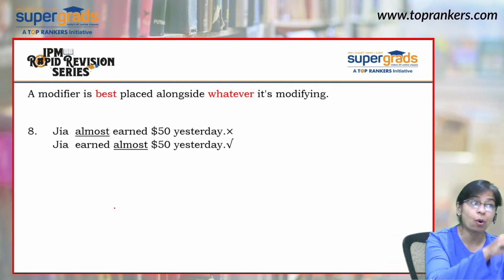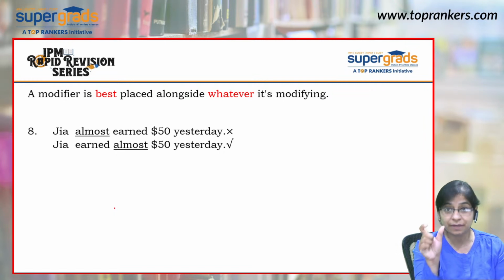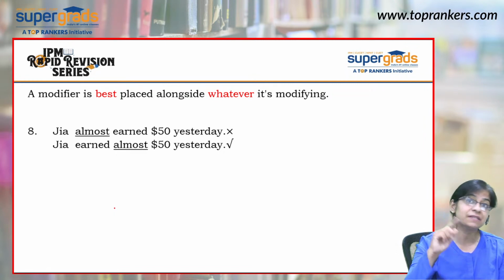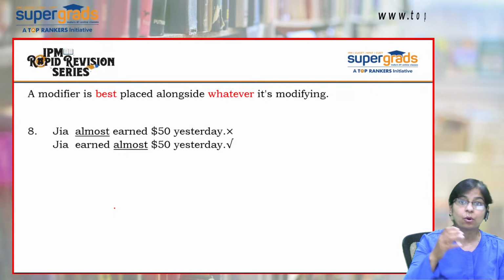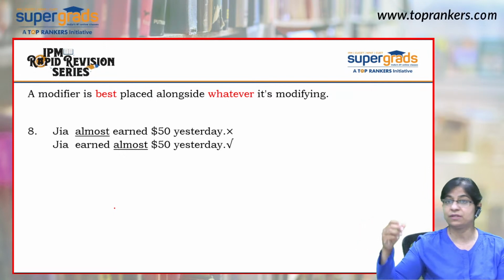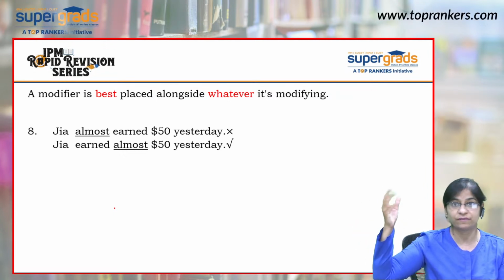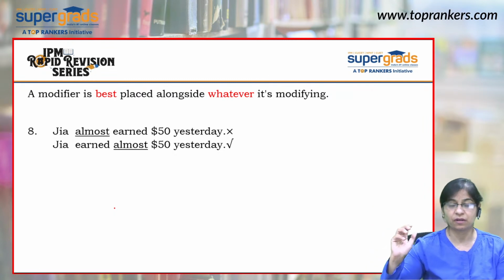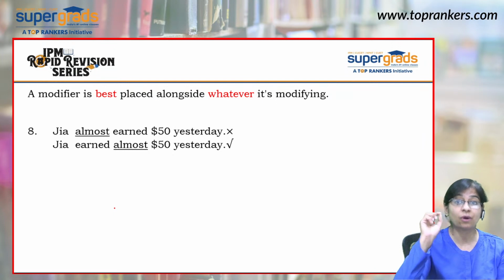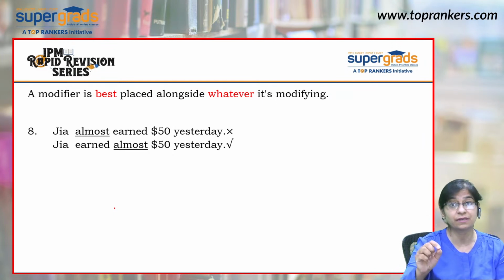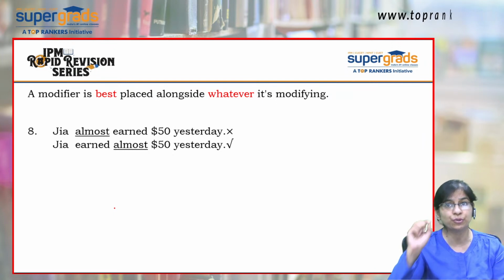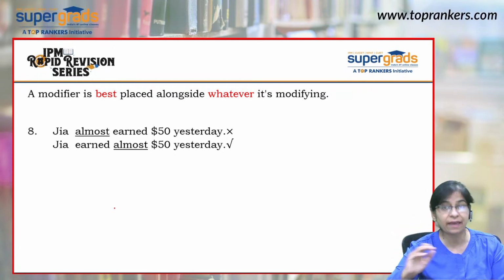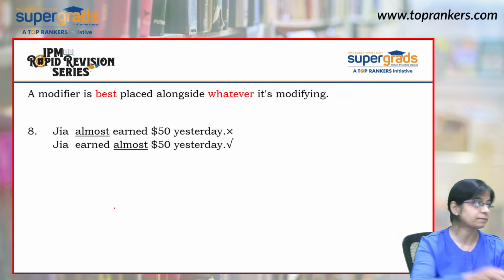When I placed almost next to the money, the amount, then it makes better sense. So Gia earned almost $50 yesterday. Maybe she earned 47, 48, or 51, I don't know. But how much did she earn? Almost $50 yesterday. Again, the crux of the story stays the same, that the modifier should be placed next to whatever it is modifying.